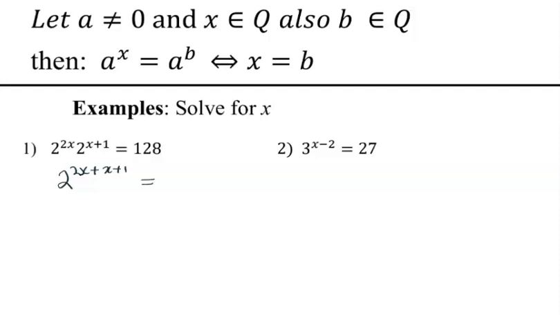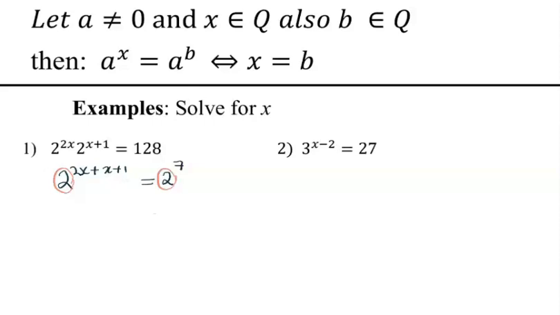We know 2 to the 4 is 16, and 2 to the 5 is 32, and if we continue finding the value, we will see that 2 to the 7 is equal to 128.